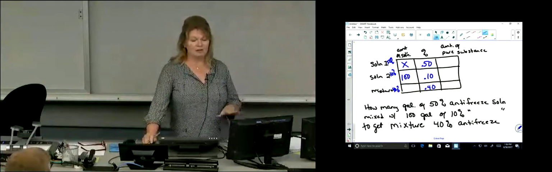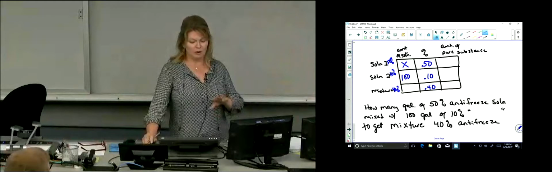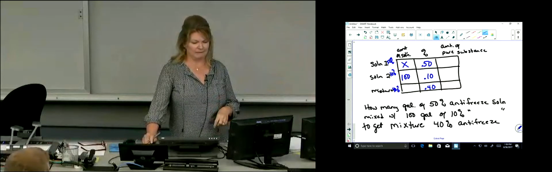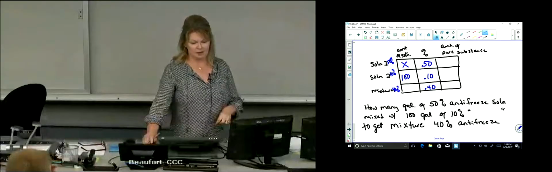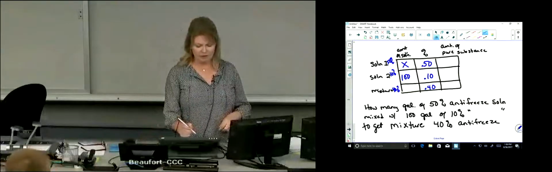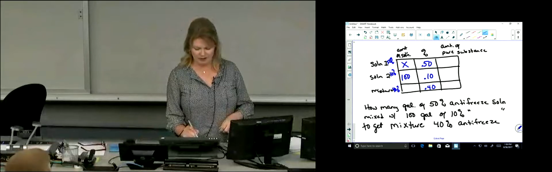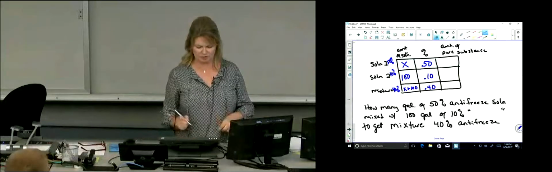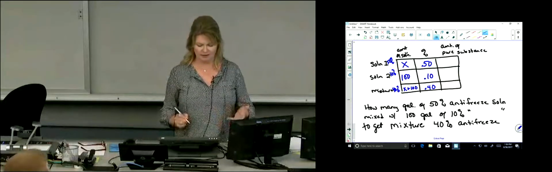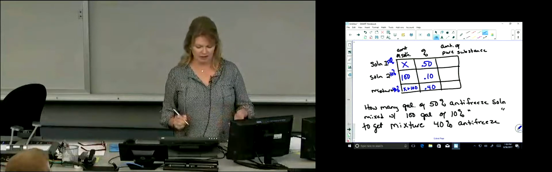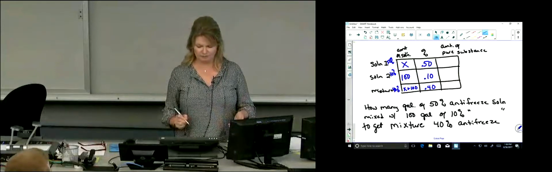Okay, first of all, do you understand where I've put everything and why I did that? Yes. Awesome. Okay, so now the total amount of solution is going to be X plus 100. Okay, because I had X amount for solution 1 and 100 gallons of solution 2.